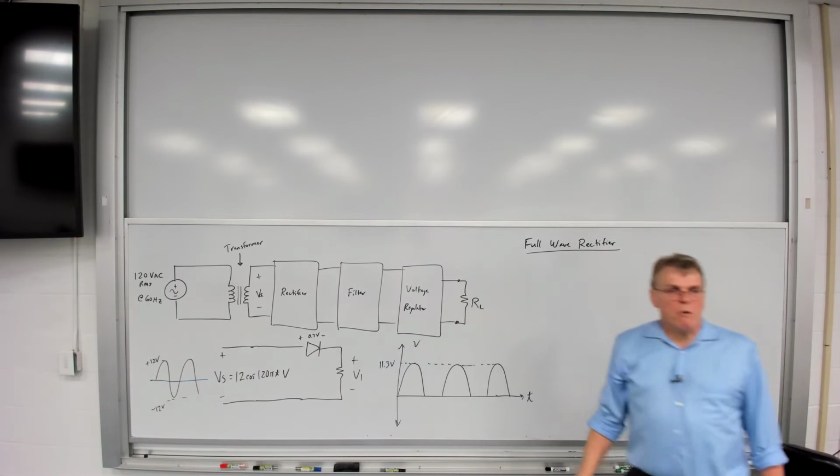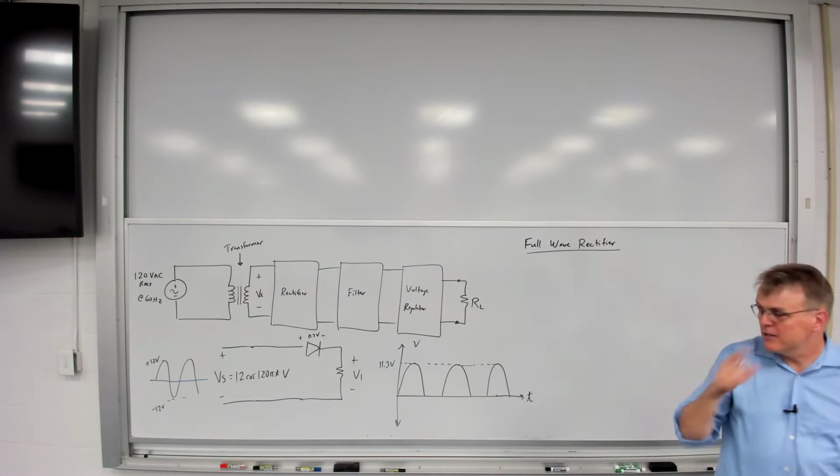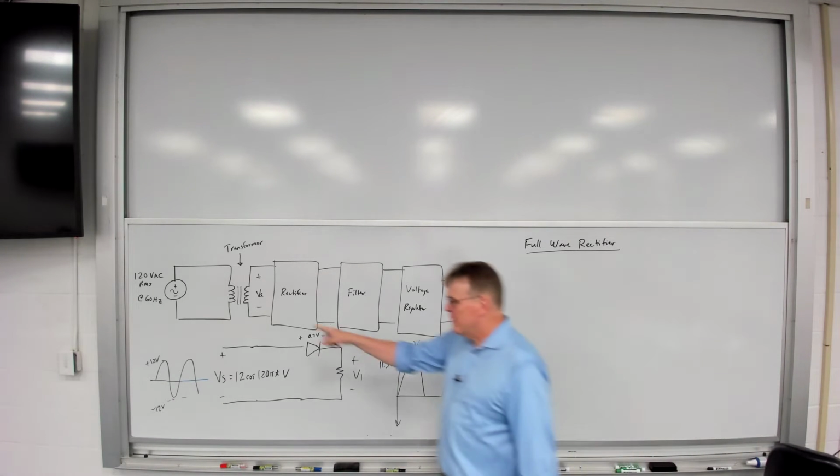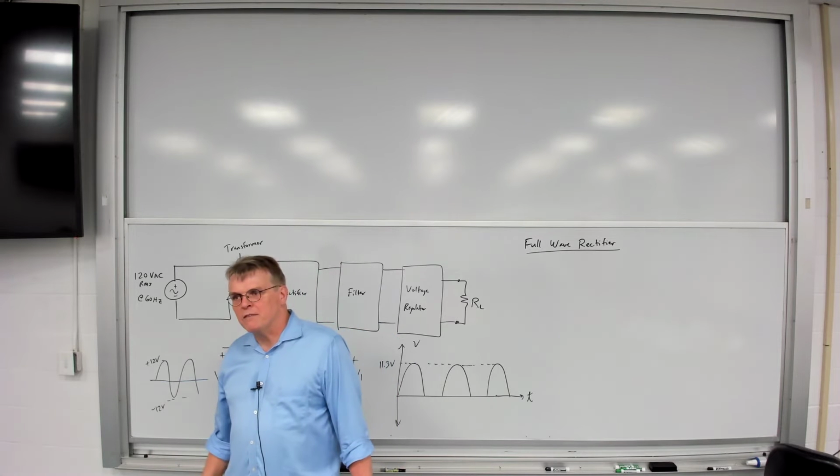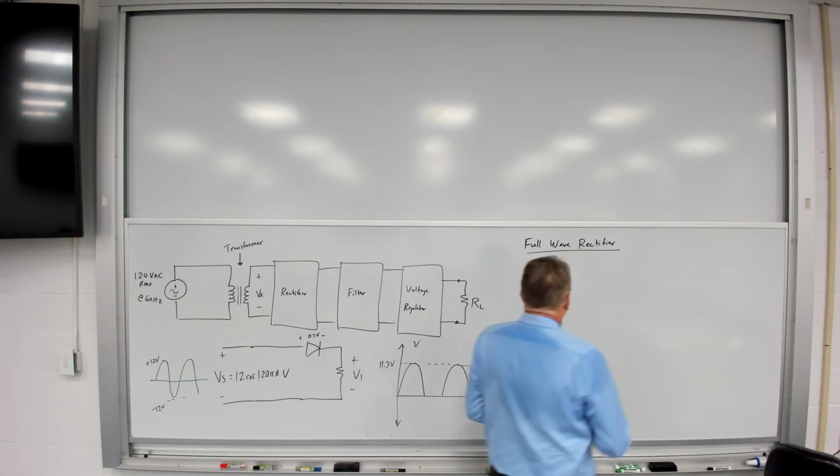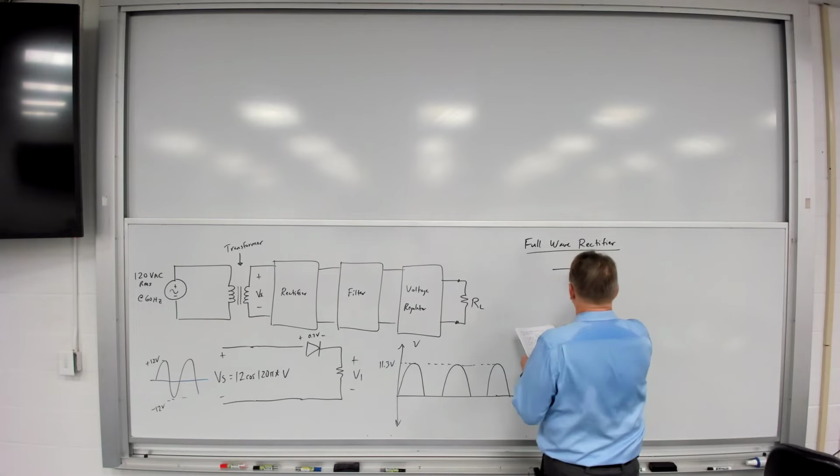This is a more efficient way of doing diode rectification because it allows us to take advantage of both the positive and the negative waveforms at the input voltage. How do we make it work? Well, we do it like so.